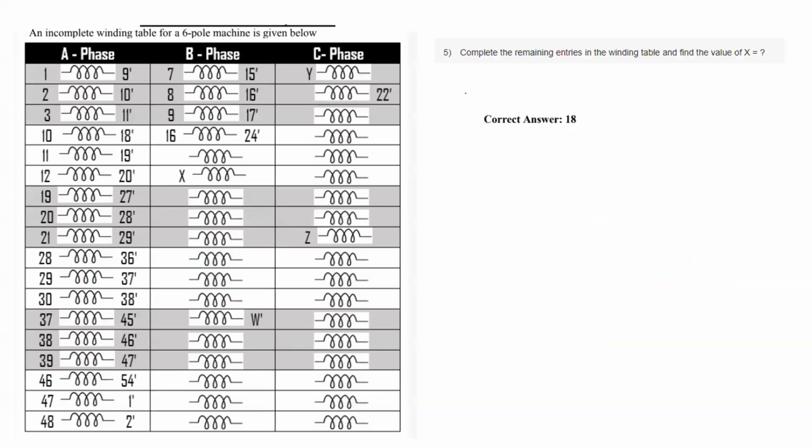Now an interesting question has come, which is different from last week. In the next four questions, we have to find x, y, z, and w dash. We have seen how to find this, and I have told you about this difference.